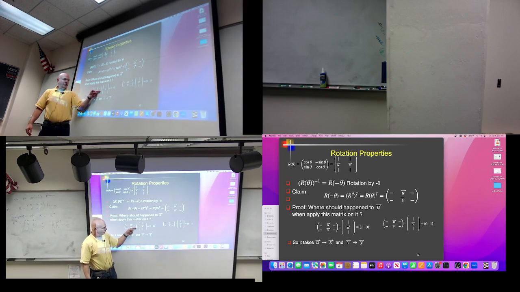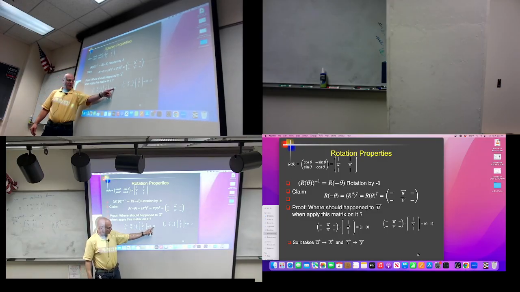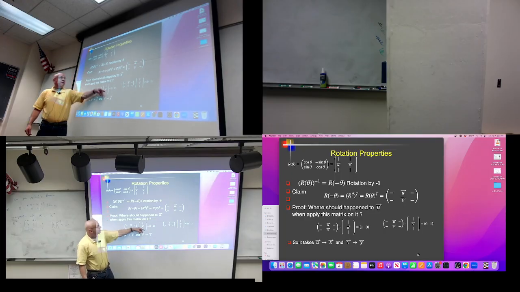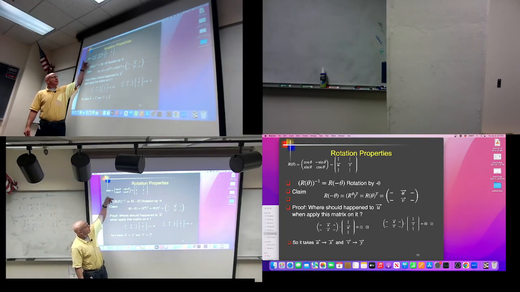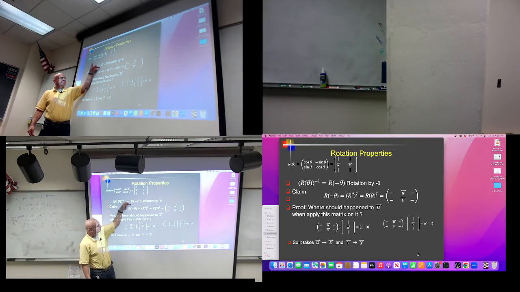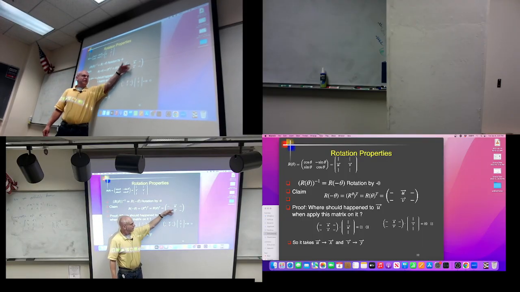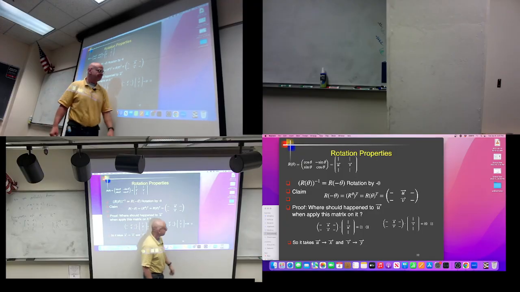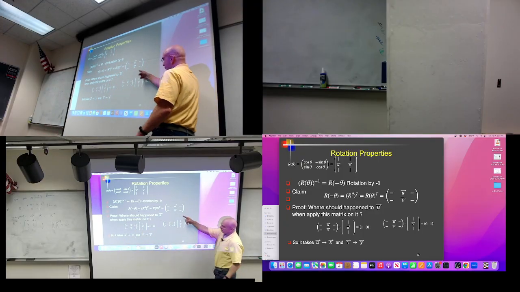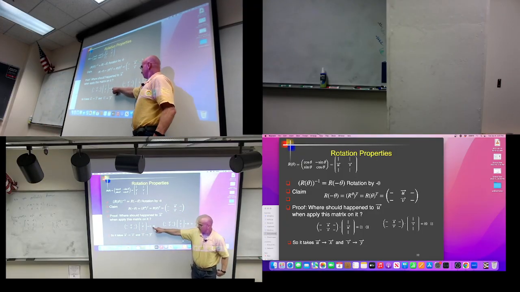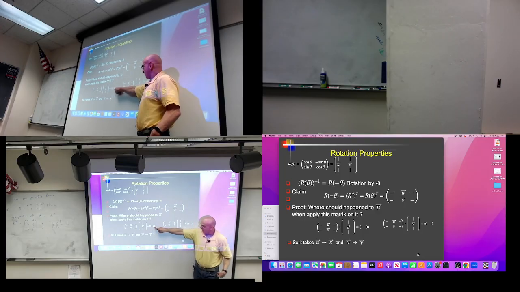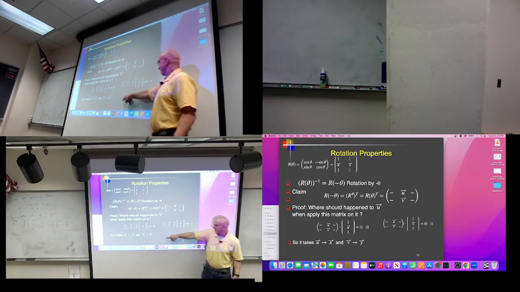And u and v are orthogonal to each other, so u dot v is equal to 0. So this matrix R of minus theta, which I happen to write with u and v as rows, takes u and transforms it into (1, 0), that is x.